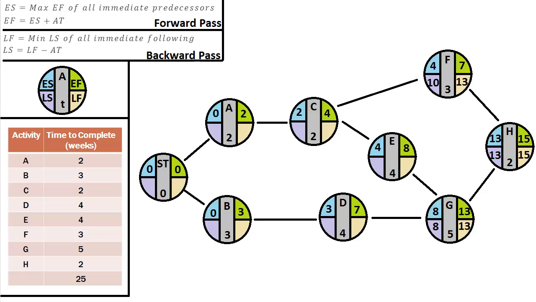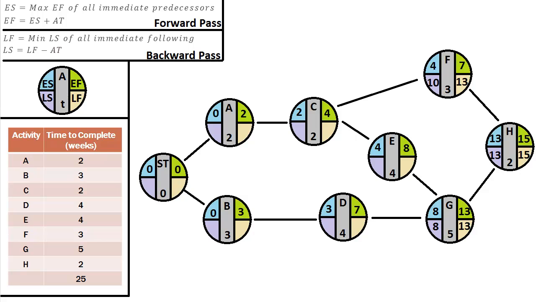So remember, in E, we need to look for the minimum LS in any immediately following activities. There's only one, that's G. G is the only immediate following activity from E. So the purple section in G, which is the LS, is 8.